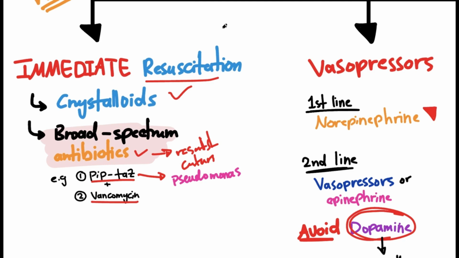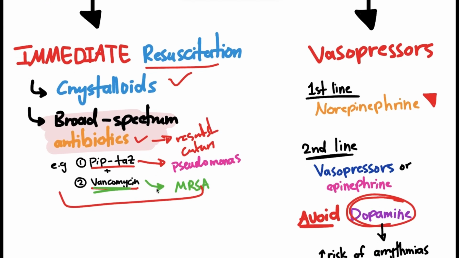Next, we have vancomycin, and that covers gram-positive bacteria. And because it's vancomycin, what we have to think of is MRSA, methicillin-resistant Staphylococcus aureus. And if you need a video about this topic, about antibiotics and an antibiotics ladder in which we have to step up and step down, let me know in the comments below.